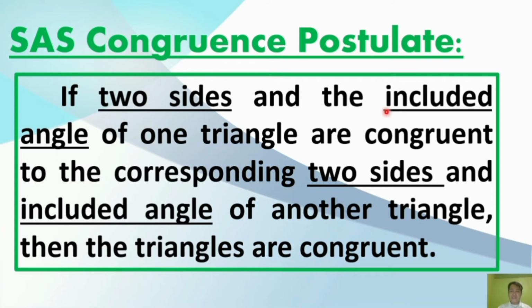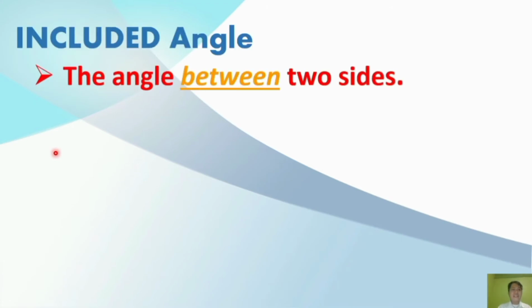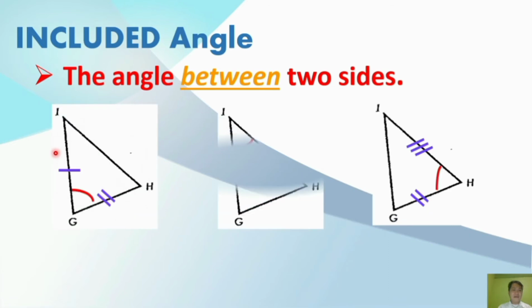But before we proceed to giving you examples, let us first define what included angle is. Ano nga ba itong included angle? When we say included angle, this is an angle in between two sides. Ibig sabihin, angle na nasa pagitan ng dalawang sides. Or suppose we have these three triangles here, triangle GHI.